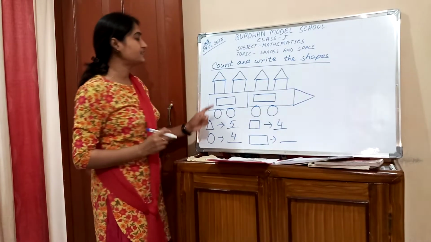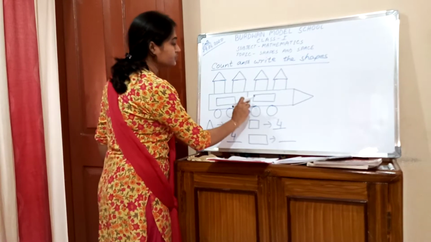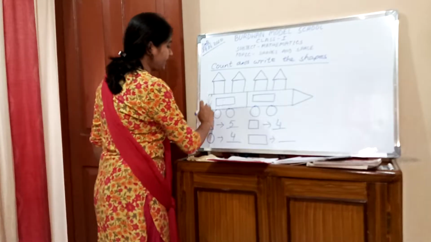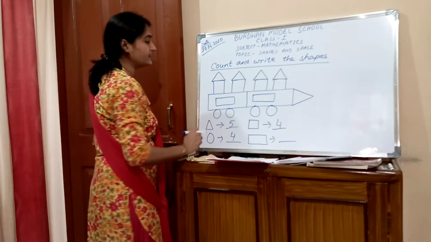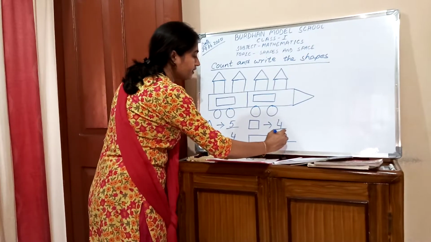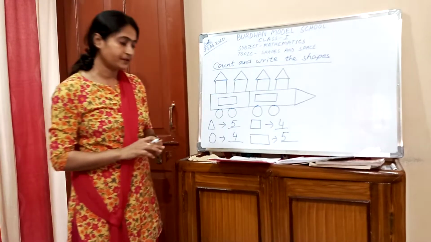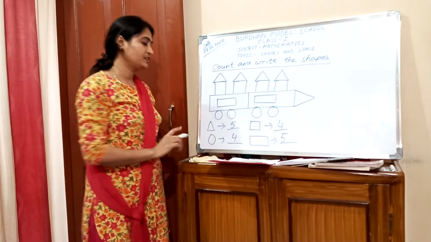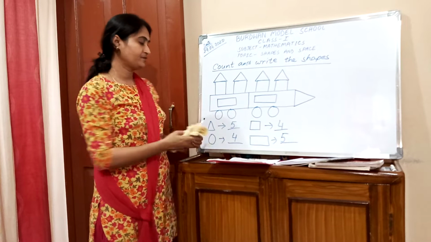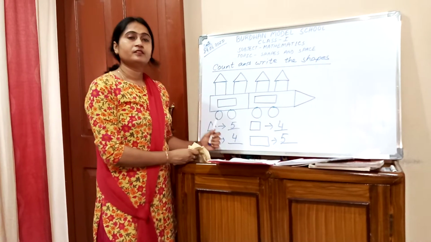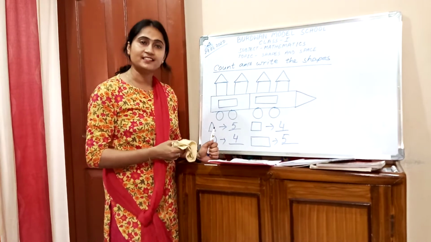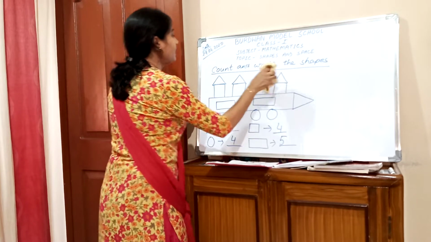Count. 1, 2, 3, 4. And this is a big rectangle. Then how many? 5 rectangles are there in this figure. Understood? Now we will proceed to another question.